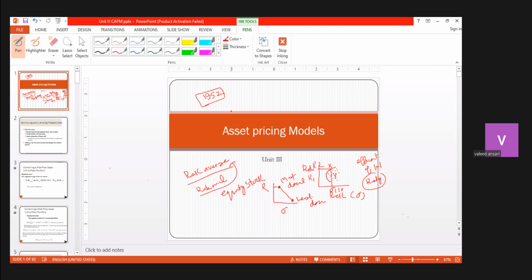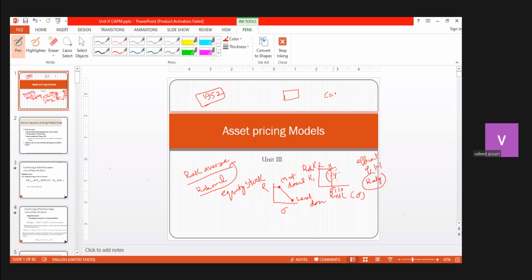But Markowitz's idea was that we should try to find the risk of a portfolio, and when we combine securities in a portfolio, then as the number of securities increases, what matters is the covariance.